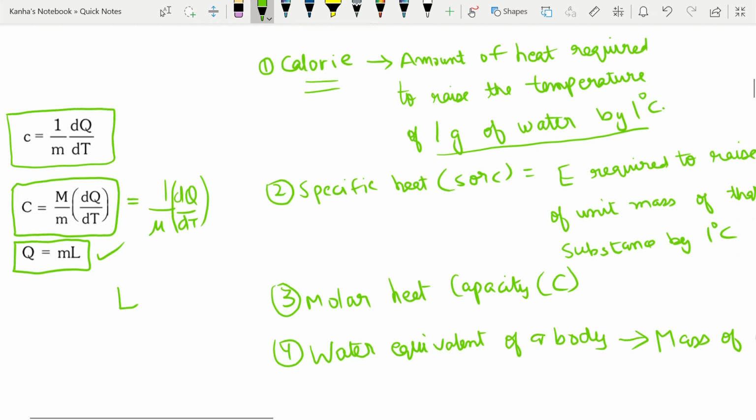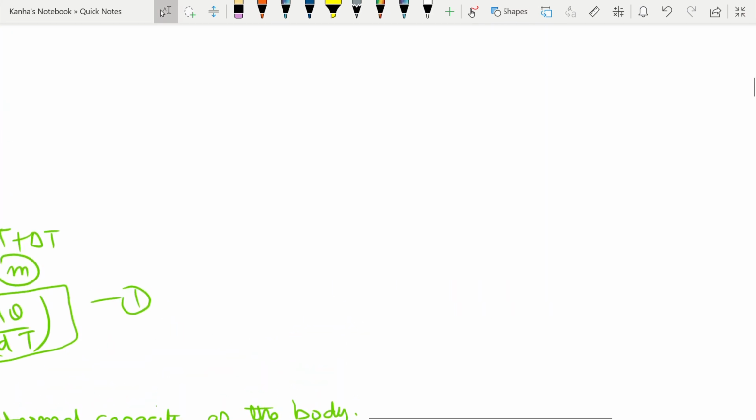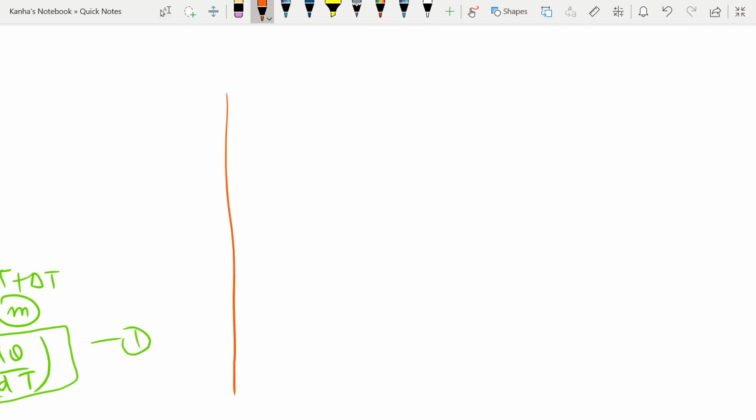There are two or three types of latent heats. Let's talk about them separately. There is latent heat of fusion.